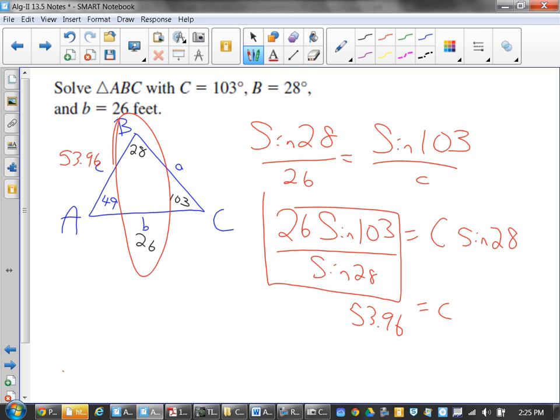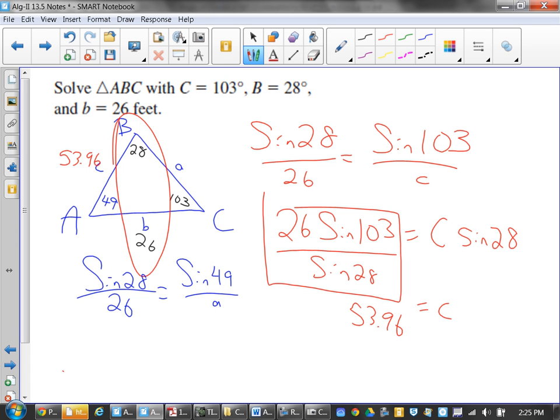Now, reuse that b and angle B. So you have the sine 28 is to 26 as the sine 49 is to A. And you might notice that this setup is identical to the equation we set up for side C. So a lot of times you can shortcut your work just by recognizing the pattern. Or just multiply it out, and it takes a second.